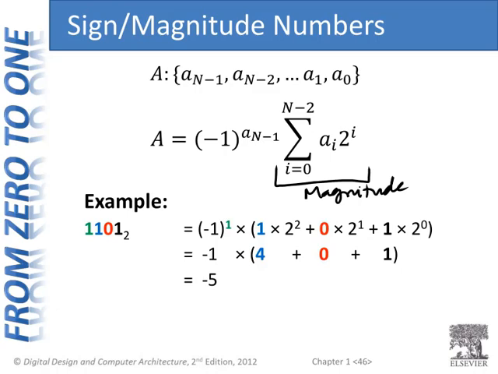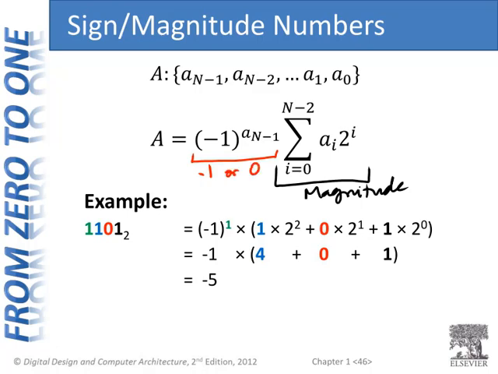And then we multiply that entire summation, the magnitude, by minus 1 if a sub n minus 1 is 1, or by 1 if a sub n minus 1 is 0.